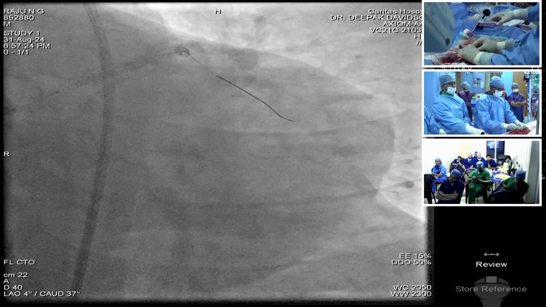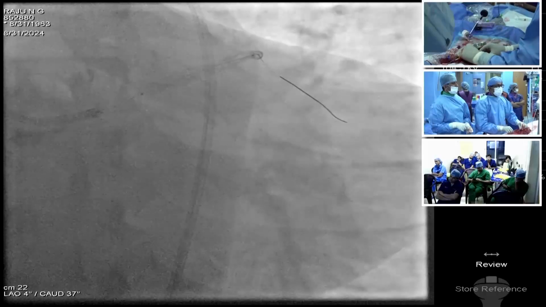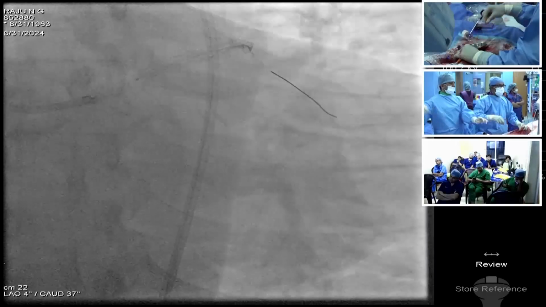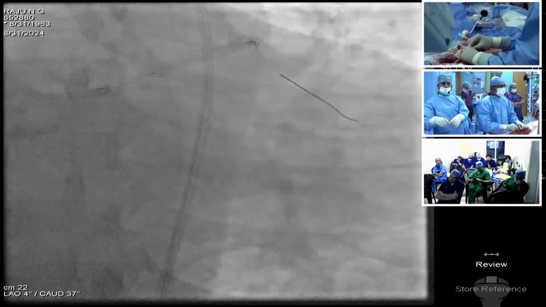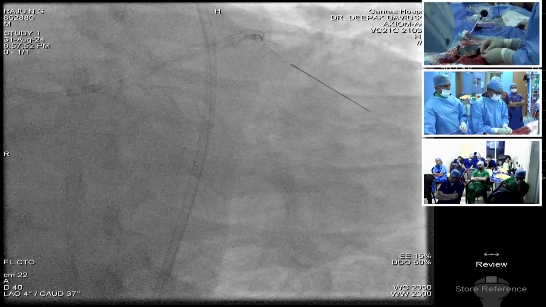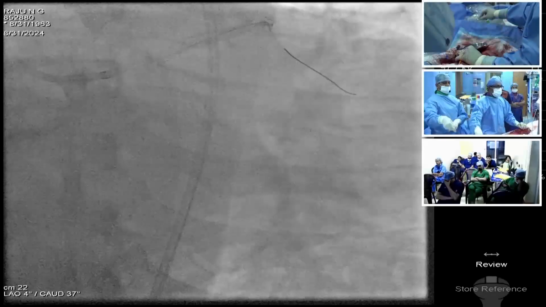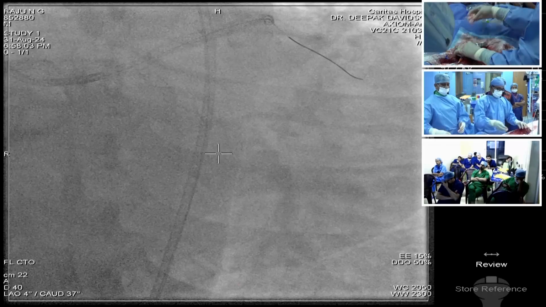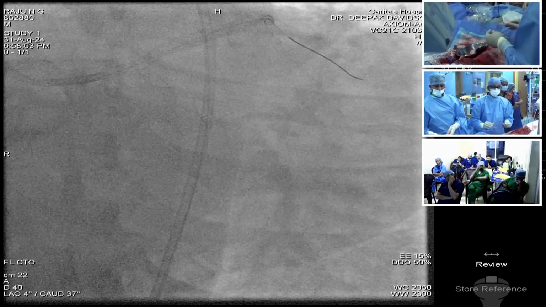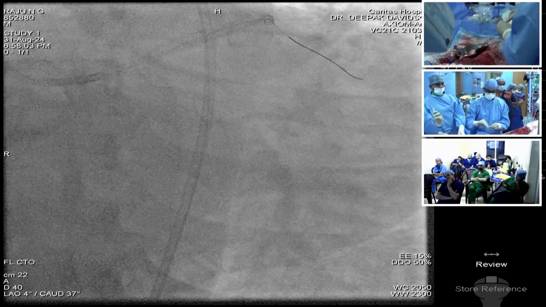I think we take this up. 4.5 and OCT catheter.